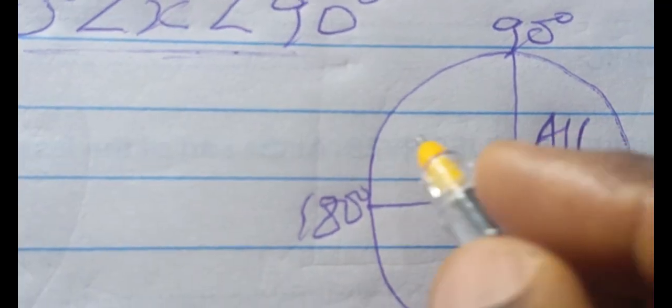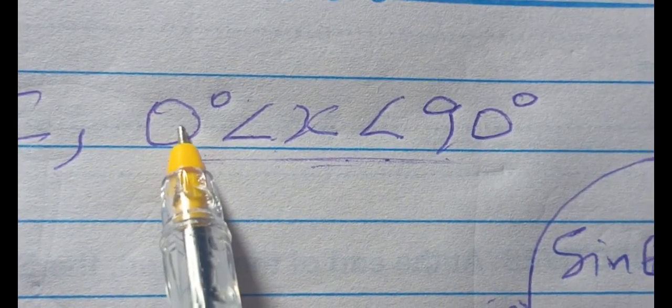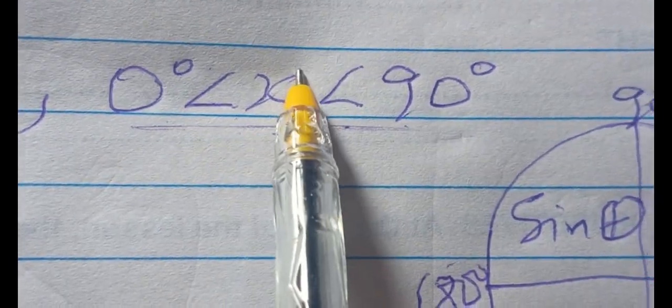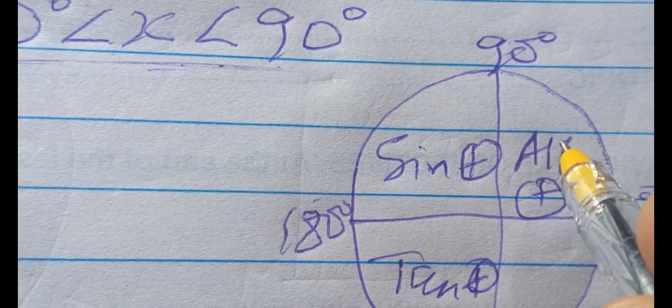From 90 to 180, it is only sine that is positive, every other one is negative. When you get to the next quadrant, it is only tan that is positive. This question says x is from 0 to 90, which means anything you get, be it sine, cos or tan, will be positive.